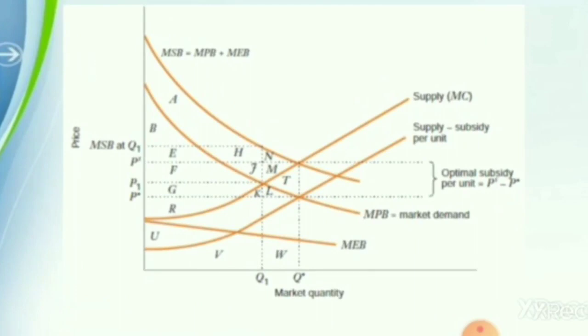So at Q1 the MSB corresponds to the market quantity Q1, but Q star, the efficient amount of market quantity, corresponds to PS, that is, the optimal subsidy per unit, PS minus P star.